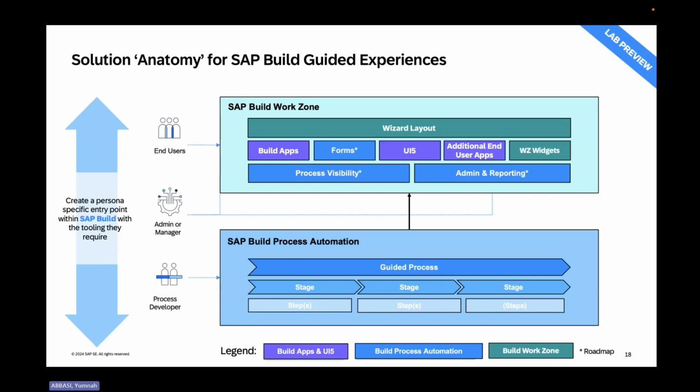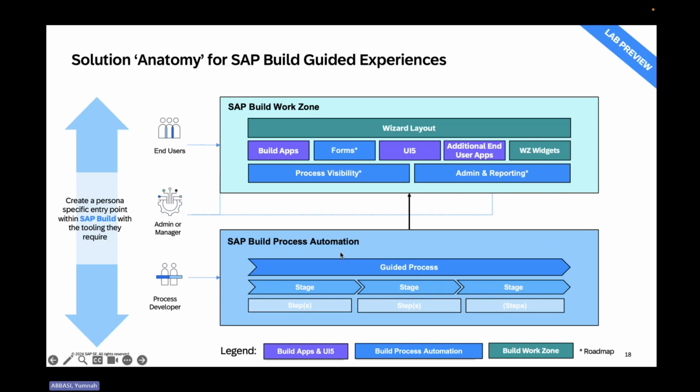In this wizard-like layout, you can mix and match different out-of-the-box widgets like texts, images, and UI5 cards, and you can also put in other applications developed via SAP Build Apps. Then you bring all of this together in SAP Build Work Zone, so it is consumed via SAP Build Work Zone.